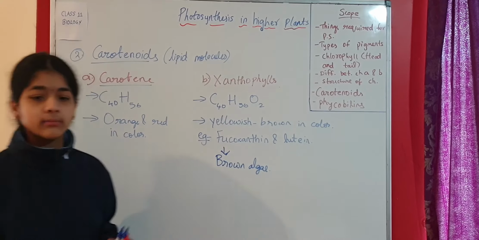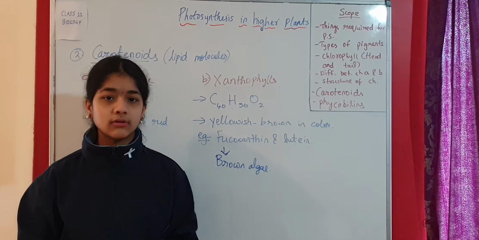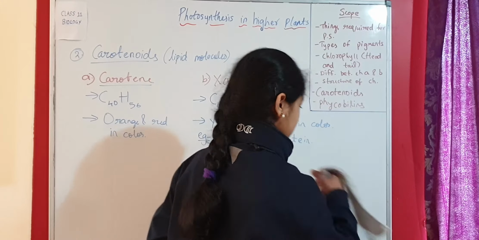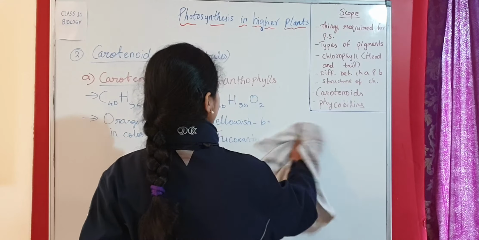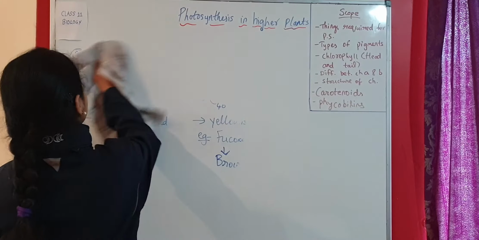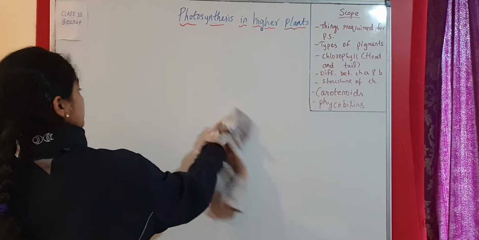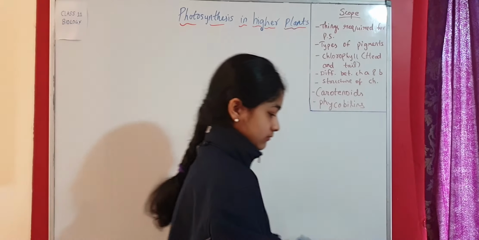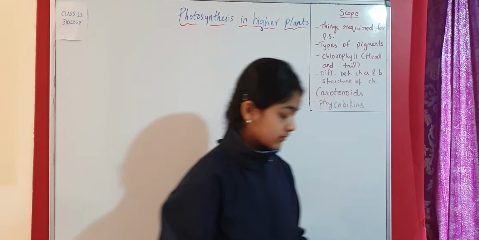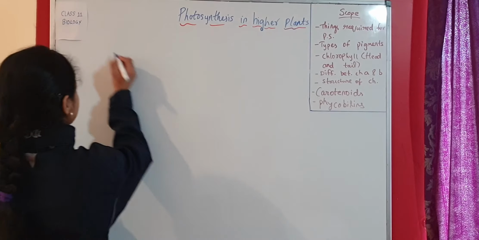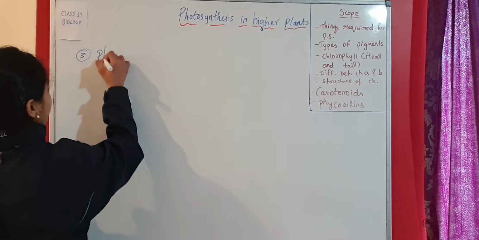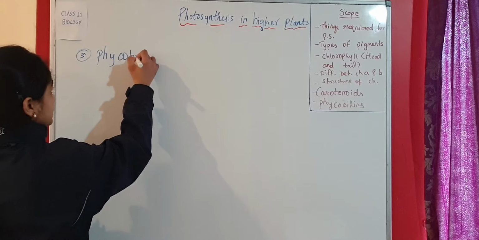Next we are going to take up the next pigment, that is phycobilins. Phycobilins is the next type of pigment which is required for photosynthesis.